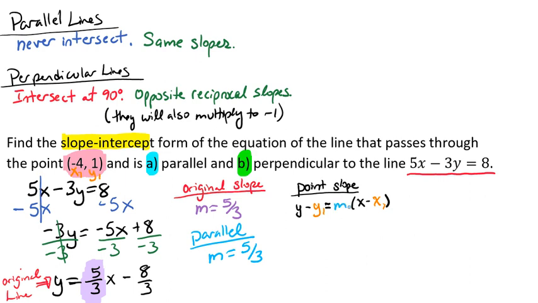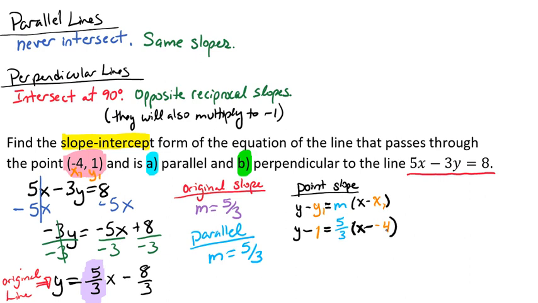So we can plug in the things that we have. So here we have y minus our y1 of 1 equals our parallel slope, which is 5/3, times x minus our x1, which was -4.